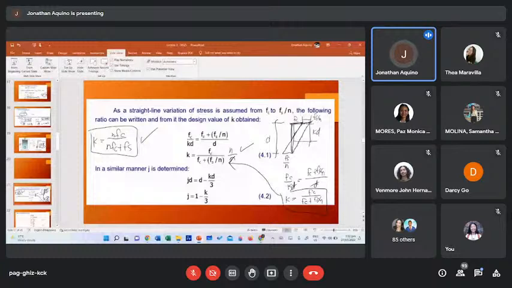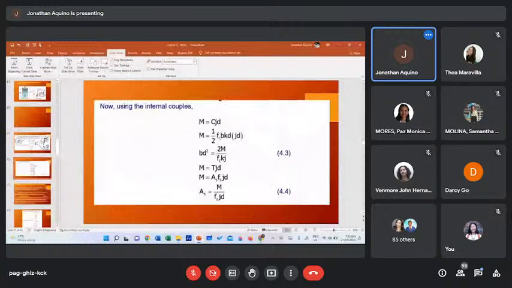So in summary, again, sa design, ang unknown mo is B and D. So if we take moment about the compression, the moment is equal to compression times JD. Yung moment natin, yung stress diagram natin.